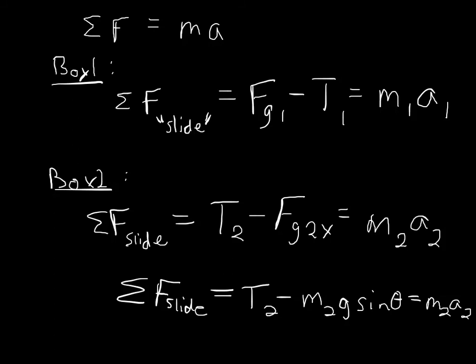So now we have to realize one last thing. We have to realize something about the accelerations. What do we have? Two boxes on an incline. Box 1, box 2.